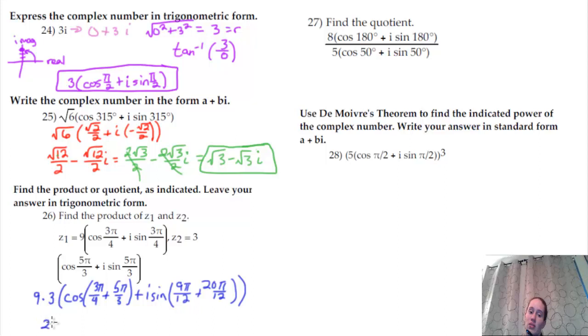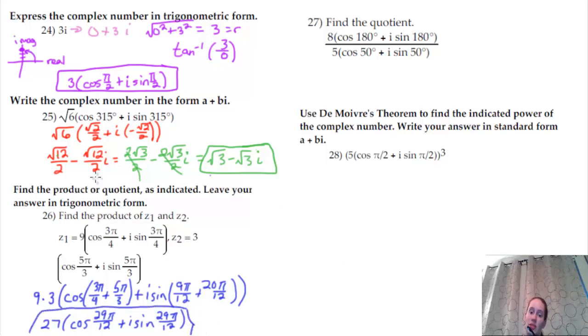So this is 9 times 3 is 27, cosine 29 pi over 12 plus i sine 29 pi over 12. That right there is the answer on that one.